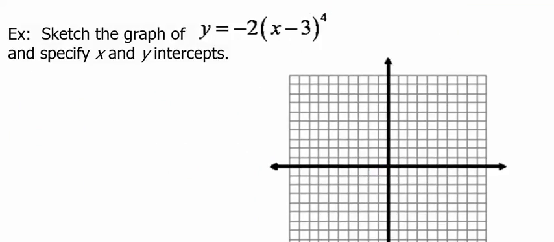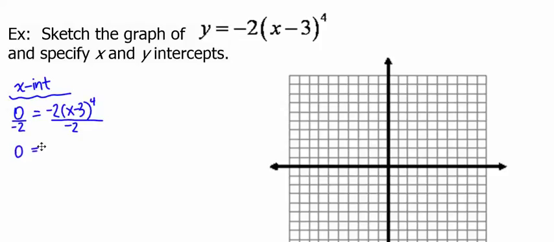Let's try another. Y equals -2 times the quantity x minus 3 to the 4th power. We're going to find our x-intercept and our y-intercept. The x-intercept is the value of x when y is 0. I'll divide both sides by -2.